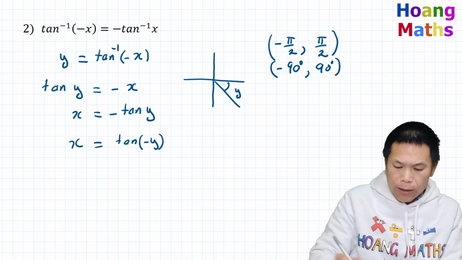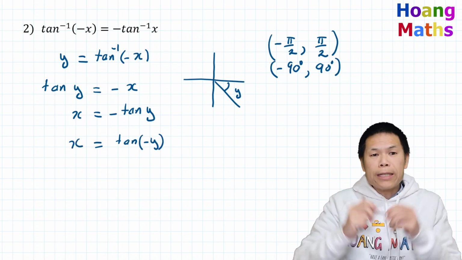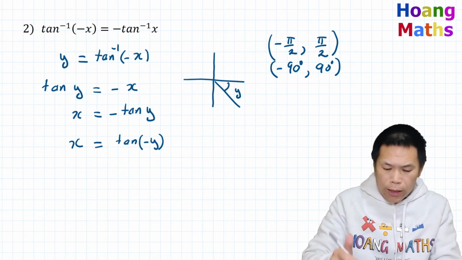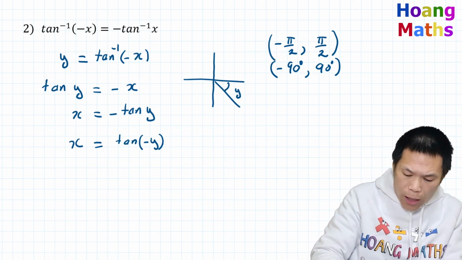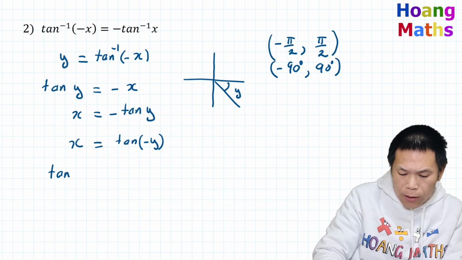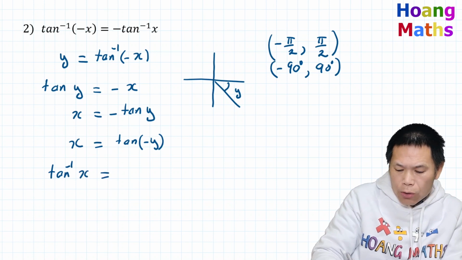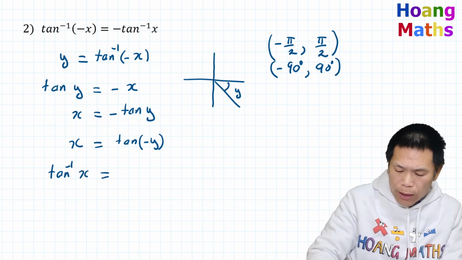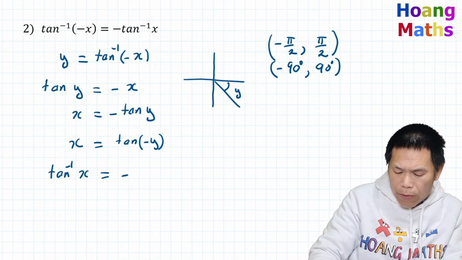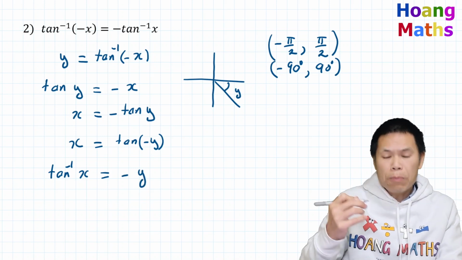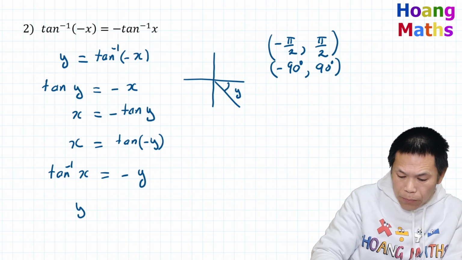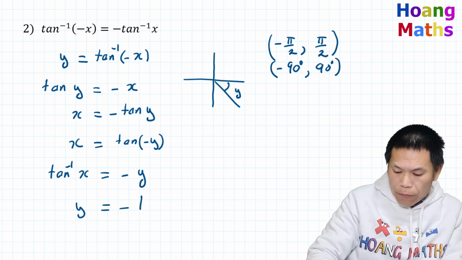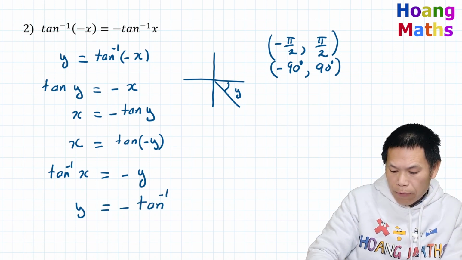So that is x. Now if I take inverse tan on both sides, or arctan if you like, tan inverse of x is equal to tan inverse of tan of negative y. So that cancels out and becomes negative y. This means that y is equal to negative inverse tan of x.